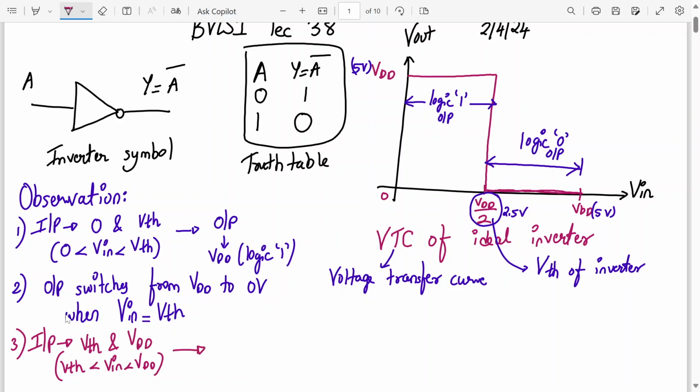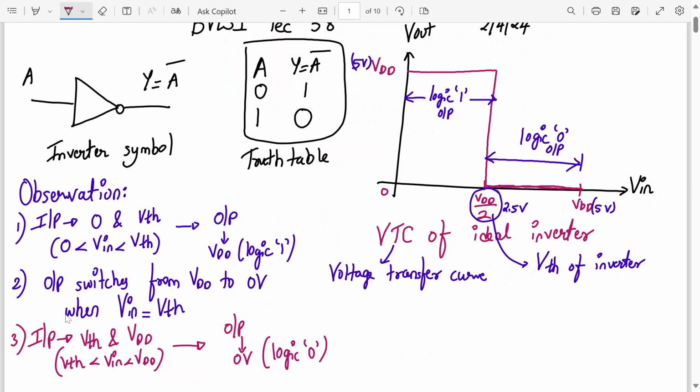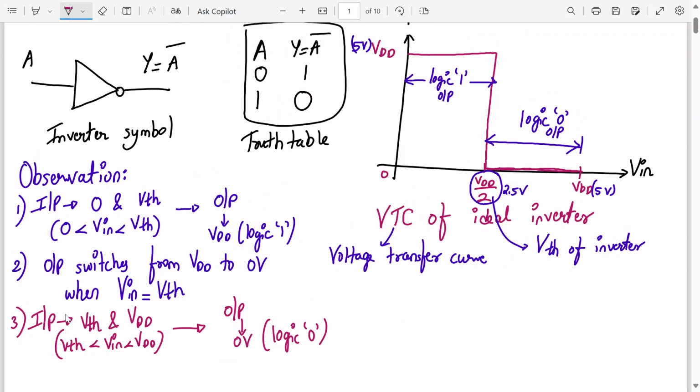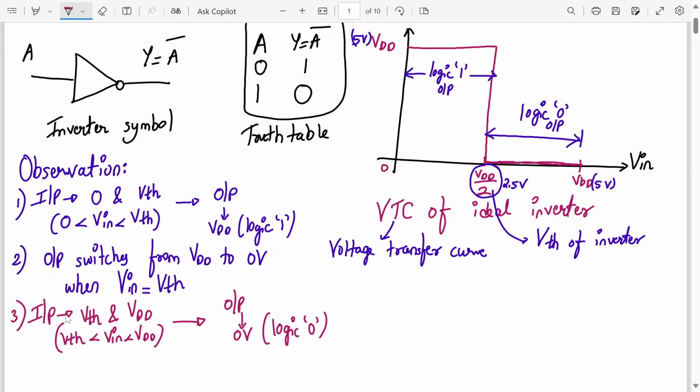For any input falling between VTH and VDD, what should happen? Output voltage is equal to 0 volt, okay, which is interpreted as logic 0. Yes or no? Yeah? Is it clear from the curve?